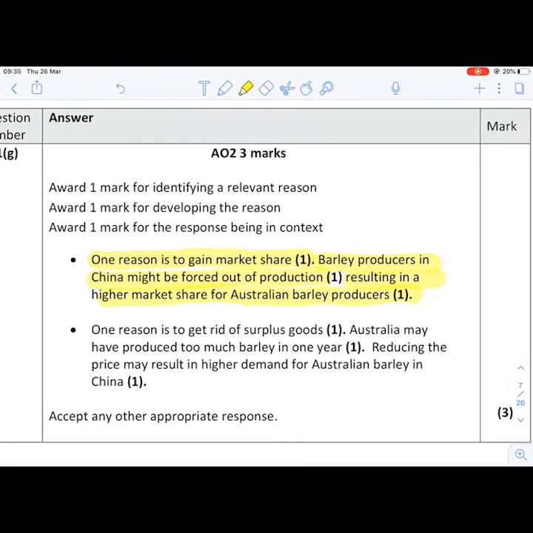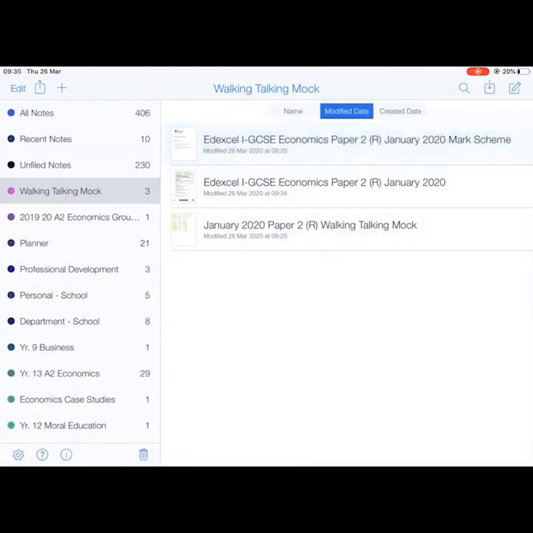So it makes sense for Australia, if they do produce too much barley, to sell it in another country such as China, because even if they sell it at a price lower than the cost of making barley, they are still going to get some money for the excess surplus barley, which is better than no money at all.